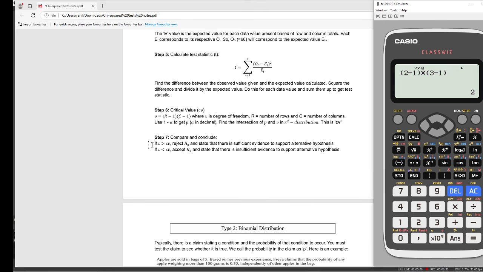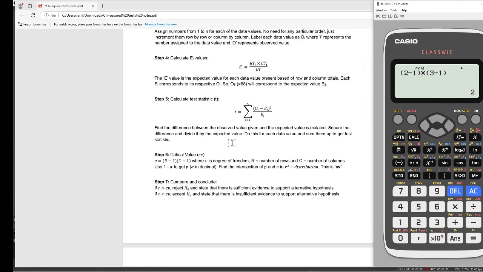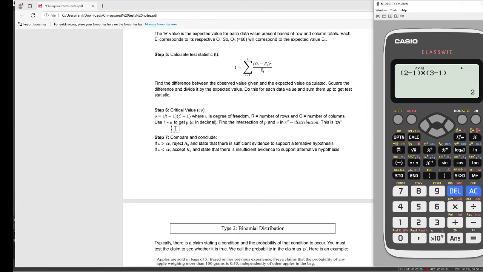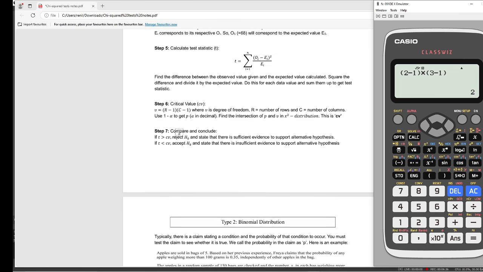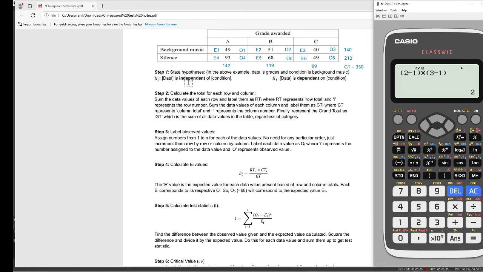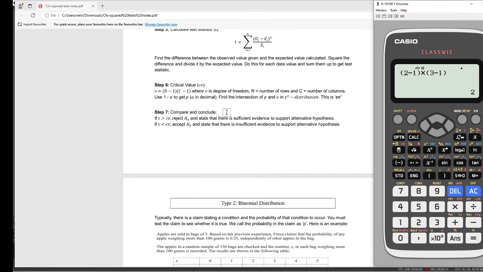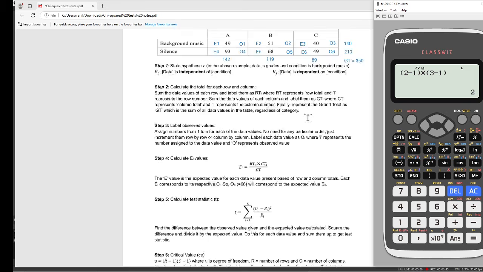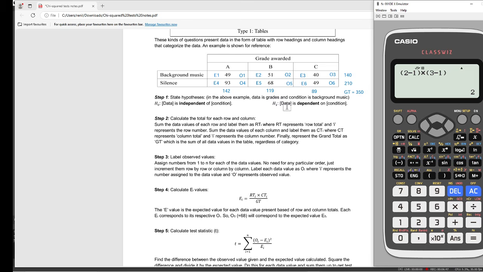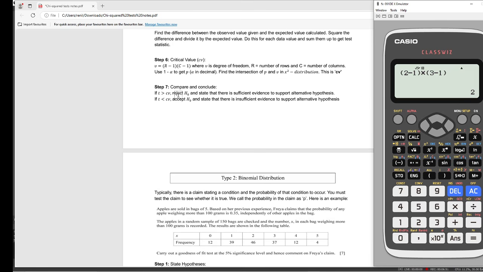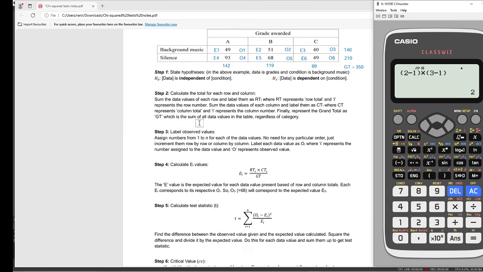If the test statistic is greater than the critical value, we reject the H null, which states that the data is independent, meaning that we need to state that there is sufficient evidence to support the alternative hypothesis. In this case, we would say that there is sufficient evidence to state that the data is dependent on background music or not, and just vice versa if the test statistic is lesser than the critical value. So that pretty much concludes the type 1 question.